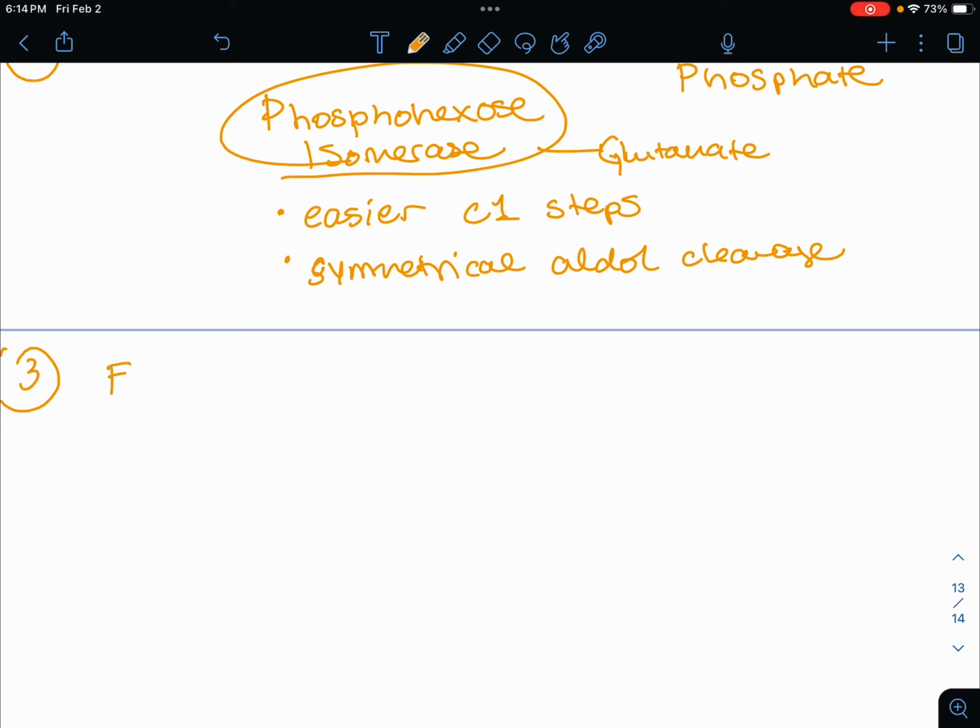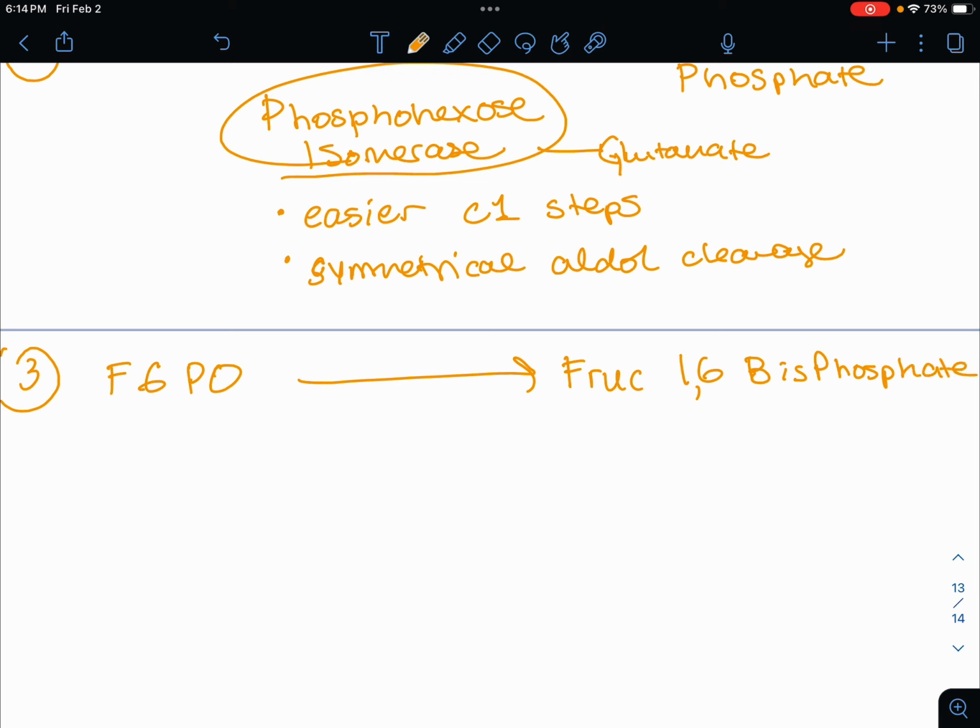This is fructose 6-phosphate, which is going to now transform into fructose 1,6-bisphosphate. Could write it out. We have space. All right.